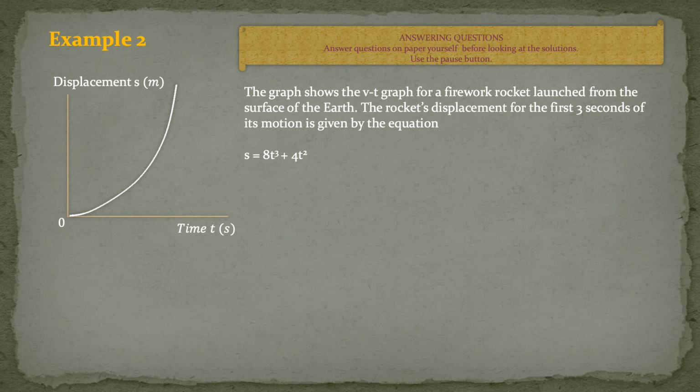And you will be given situations like this where we have non-uniform accelerations involved. But the questions aren't too difficult, as you'll see. So, part A. Find expressions for the velocity and the acceleration of the rocket.